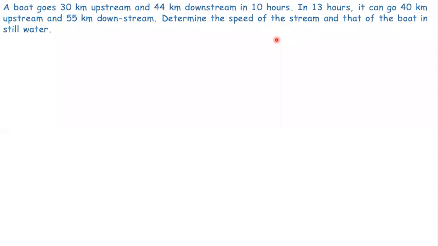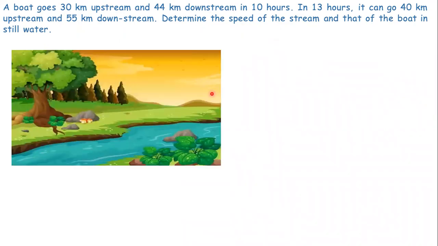Before solving this problem, let us understand what is downstream and what is upstream. See here, there is a stream. Stream means flowing water. Water flows in this direction. This is the direction of the stream. Now, see there is a boat.